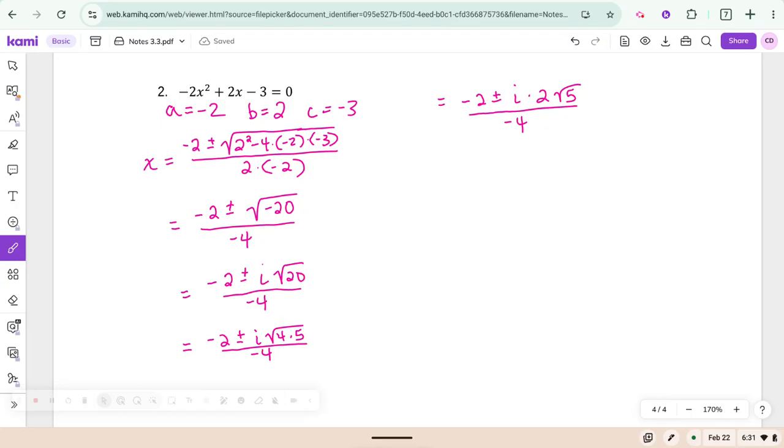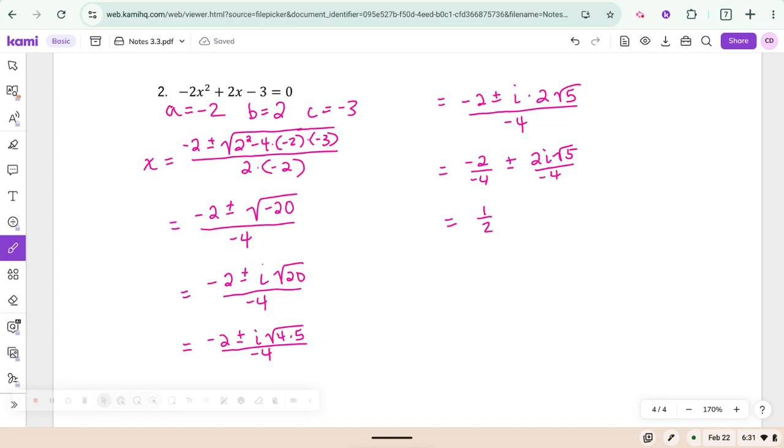So let's see. If I separate this, I've got negative 2 over negative 4 plus or minus 2i square root of 5 over negative 4. Negative 2 over negative 4 is positive 1/2.